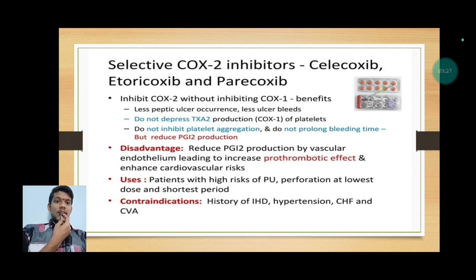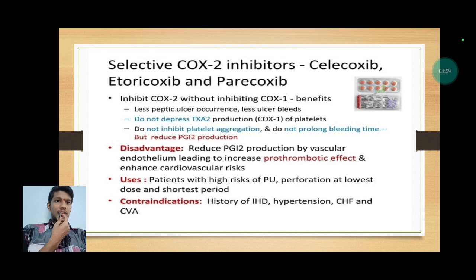Its use is normally in patients at high risk of peptic ulcer and perforation, at the lowest dose and for the shortest period. Contraindications are patients with a history of IHD, hypertension, CHF, that is chronic heart failure, and CVA.